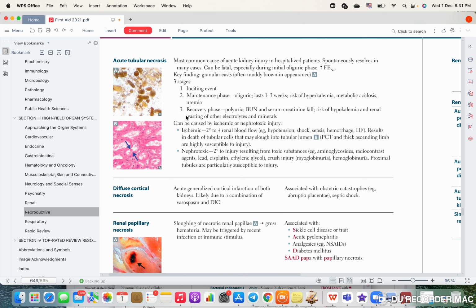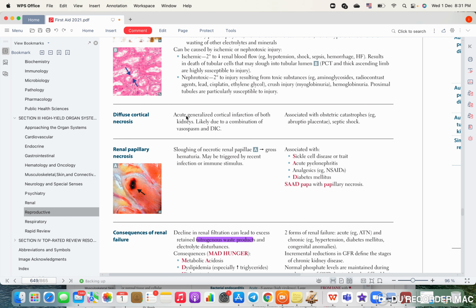Okay, can you tell me which portion of the kidney is the most susceptible to injury? PCT. Can you tell me, is it the convoluted portion of the PCT or the straight medullary portion? The straight portion. Yep. In case of renal papillary necrosis, you must know about it, what are you going to see in the urine?